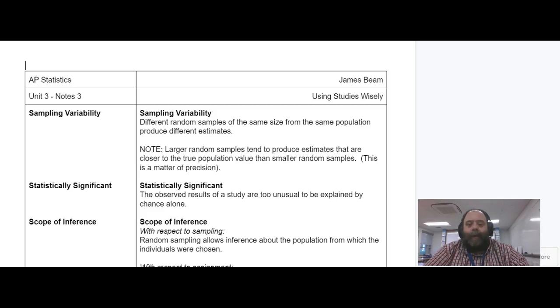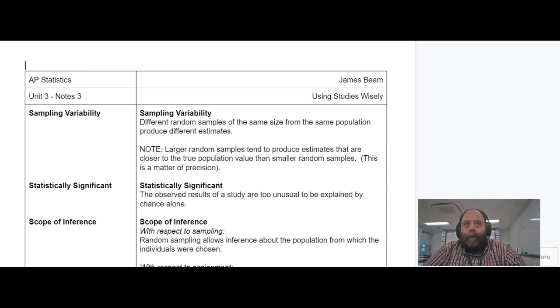All right, so the first thing here is that when you take samples from the same population, they're going to be like the population, but they're all going to be slightly different, right? When you take a sample and take the mean of some measure, or the proportion of that sample that has a certain characteristic, those means or proportions are going to be close to the mean and proportion of the actual population, but they're all going to be a little bit off.